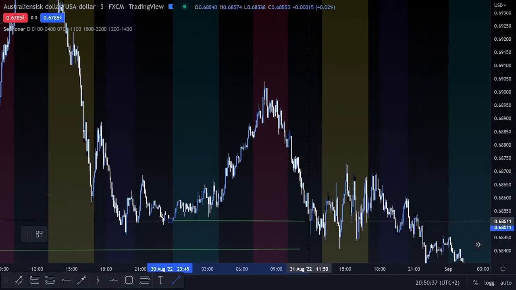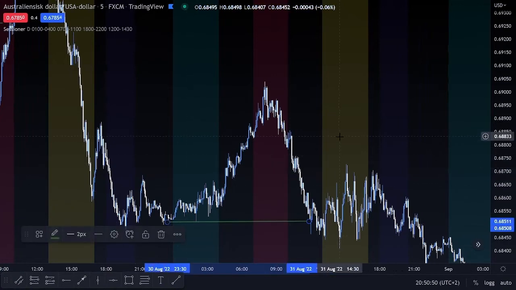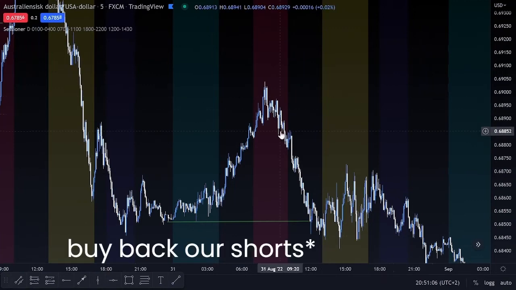A session liquidity. Whenever price is leaving a consolidation with two clean lows, or a clean level of liquidity, I'm immediately thinking, okay, this is probably going to be a market maker buy model or sell model. Price should reach back down into this level in the future because we're going to sell back our longs, right?